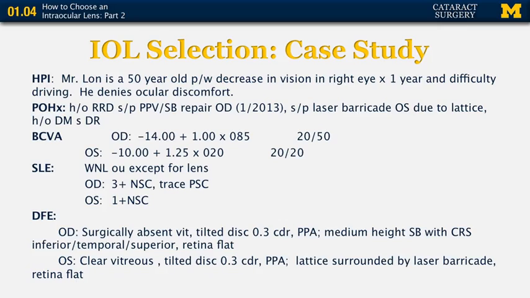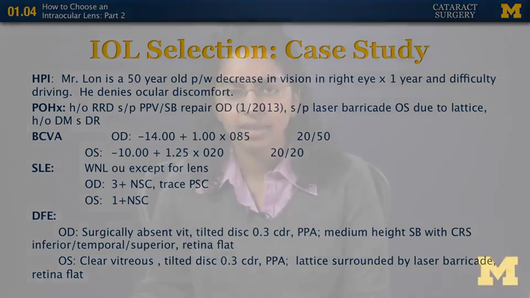Or perhaps it's the nuclear sclerotic cataract that's created a myopic shift. Or finally, maybe it's a really true anatomic difference, in which case we might think, okay, the vision potential might be limited in that right eye, not only from the retinal detachment, but also potentially from amblyopia from having such a significant difference in axial length. These can all be quite helpful in informing the patient for expectations post-operatively.